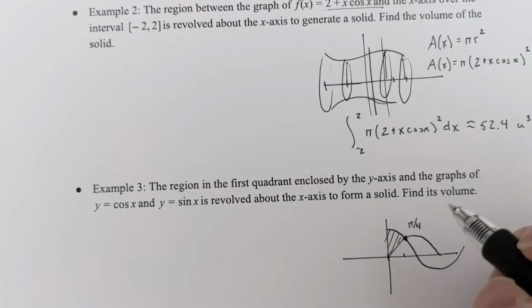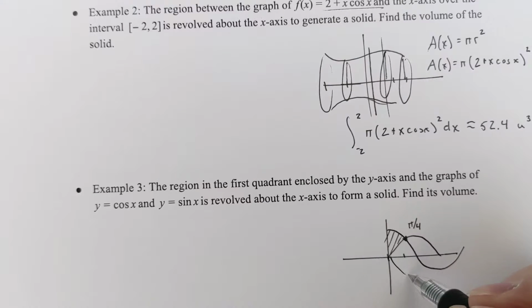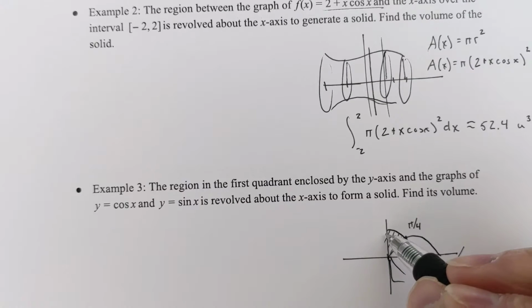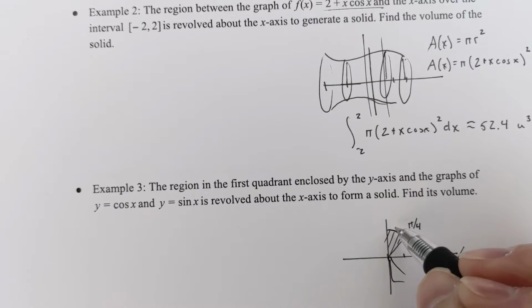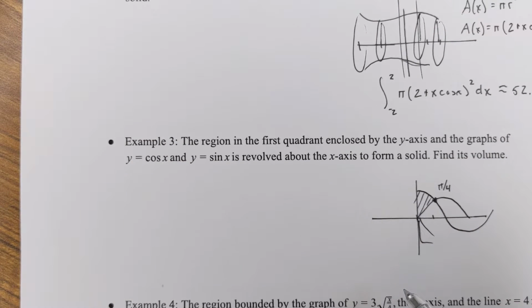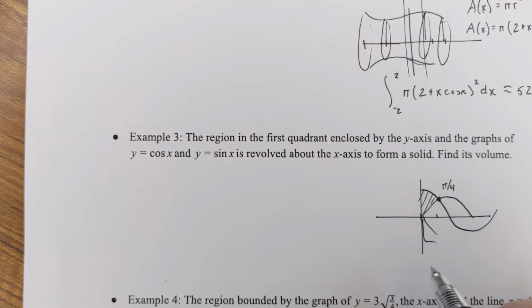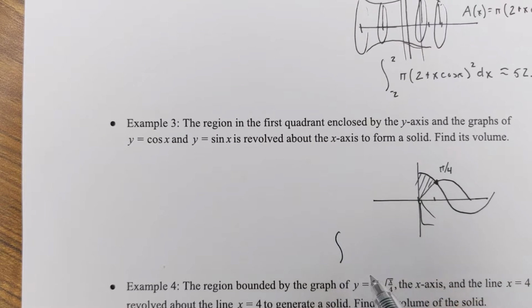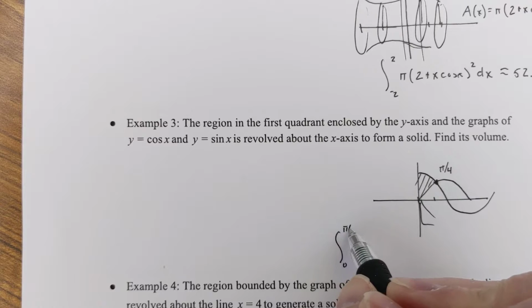Now, this one's a bit different because if I rotate it, I get this washer shape. If you have a washer, you take the outer curve and find the volume enclosed by it, and then slice out the inside. You can think about it as two things or as just one. It is the antiderivative from 0 to pi over 4.